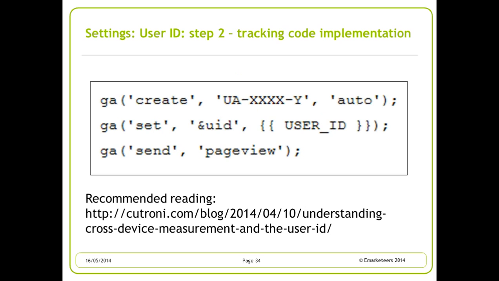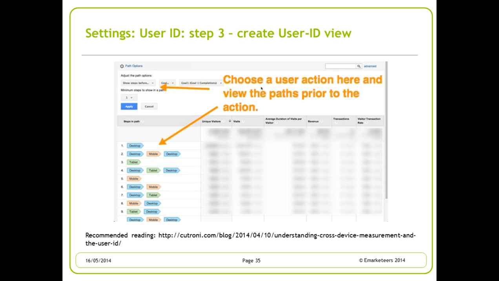Now, if you do have this user ID, here's something that you can get from Google Analytics. You can set up what Google Analytics calls a user ID view. A view is what we used to call a profile in the old days. So you create a separate view where only activity about users with a user ID is logged.